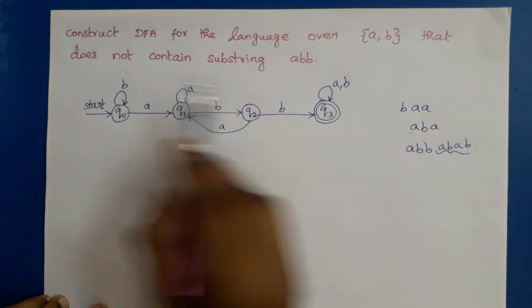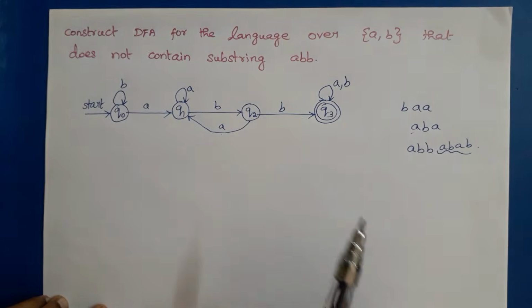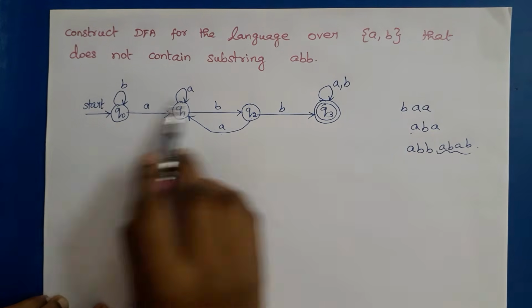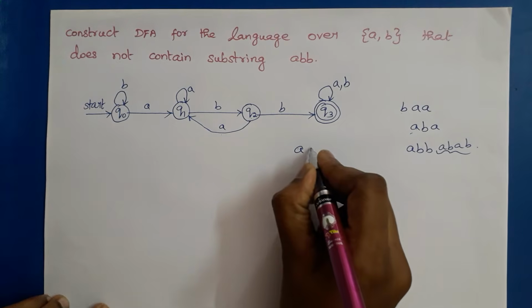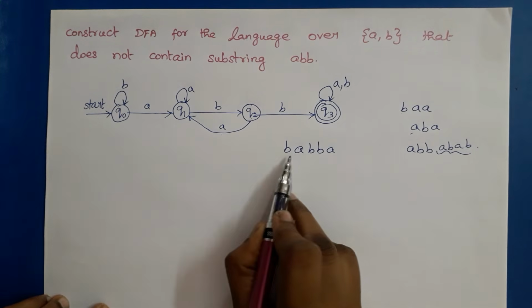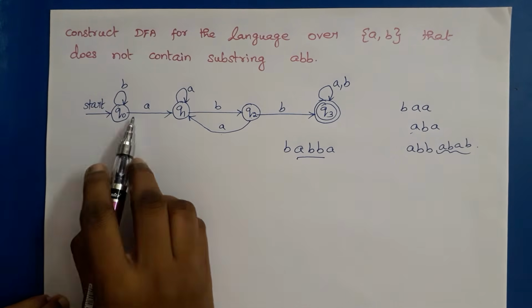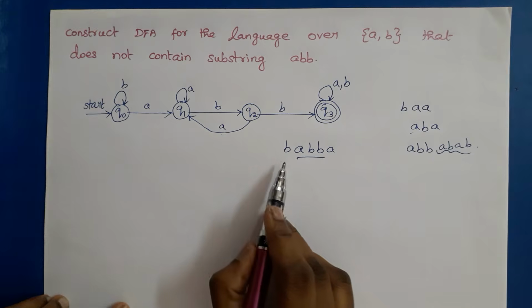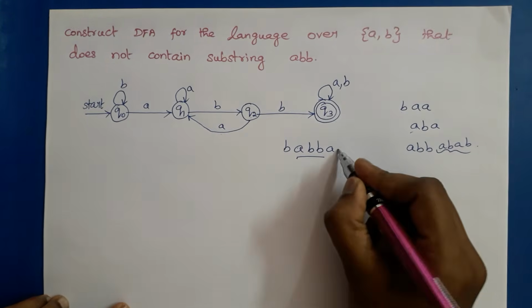Now we need to construct the DFA that does not contain the substring ABB. Let us check the previous DFA for one correct input string: B, A, B, B, A. This string has ABB as a substring, so it should be accepted by this DFA. So it is accepted.